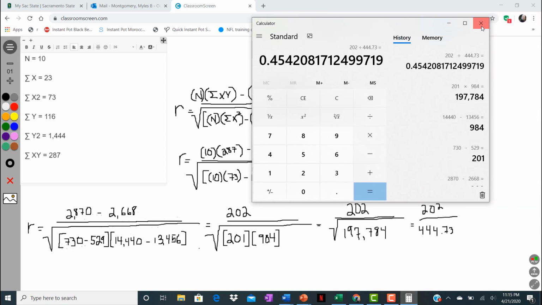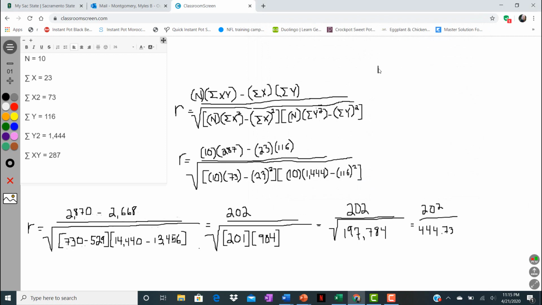Okay, I'll knock this down. Pearson's R is going to be a positive 0.45. Because we know it's positive, we know it's going to be going in the upward direction. We'll just make the scatter plot here.